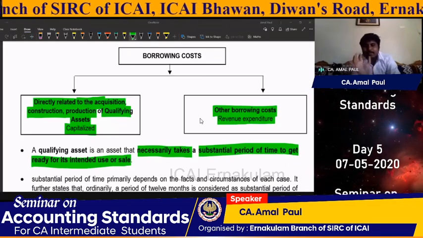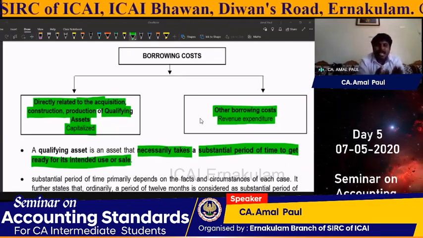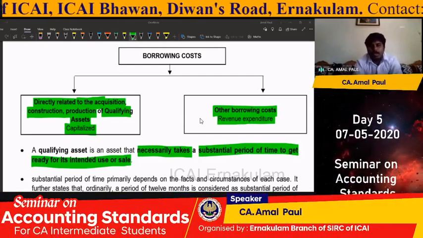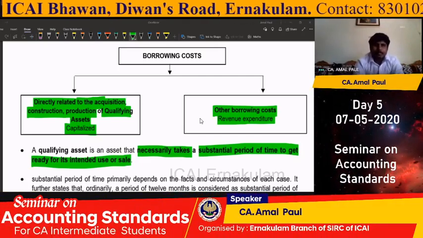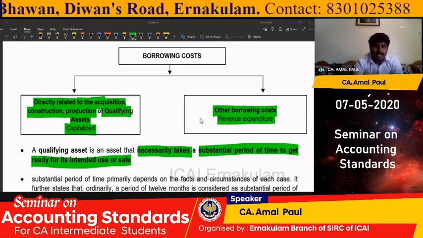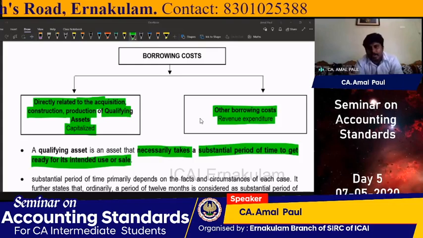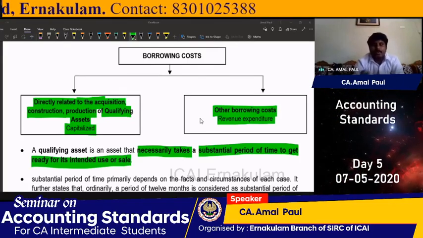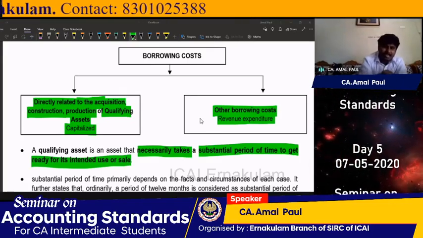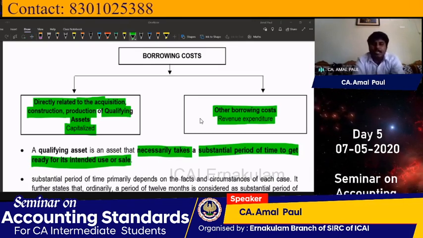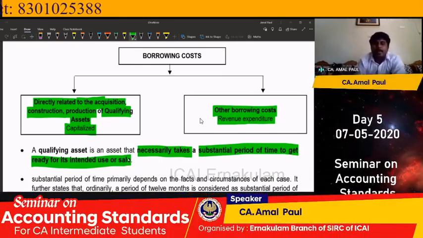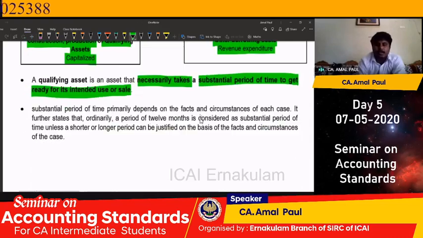As for the substantial period of time, the standard had not given a guideline in the initial phase, but subsequently they gave guidance on this. They said that substantial period of time depends on the facts and circumstances of each case.